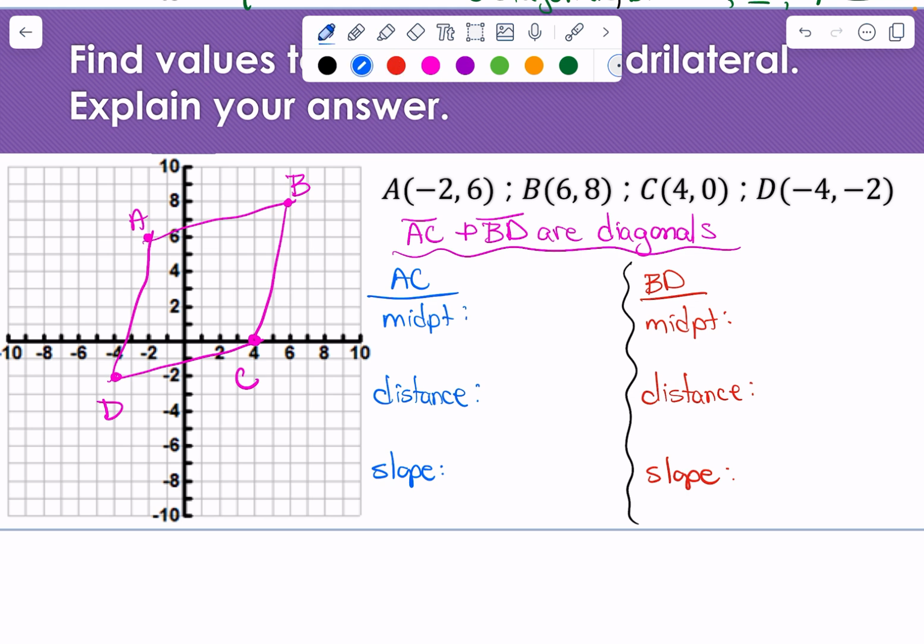Let's start in. To find the midpoint of AC, I'm going to go -2 plus 4 is 2, divided by 2 is 1. 6 plus 0 is 6, divided by 2 is 3.